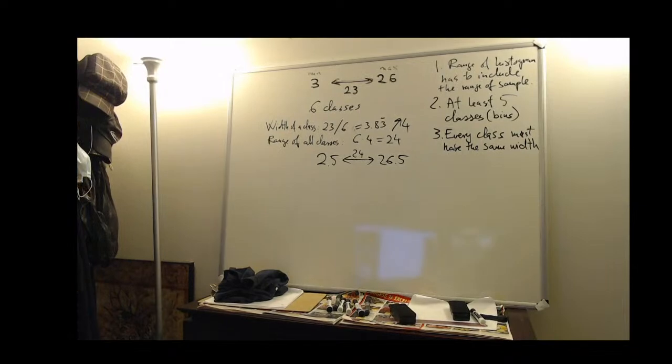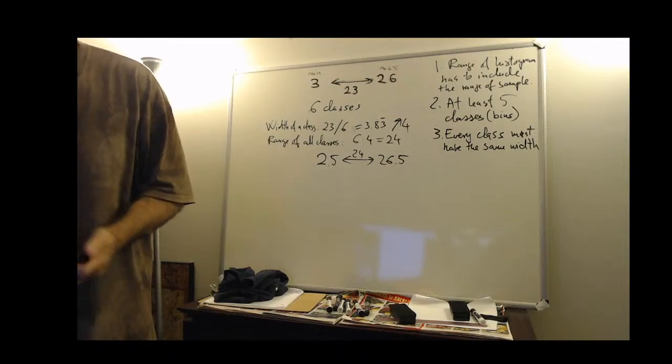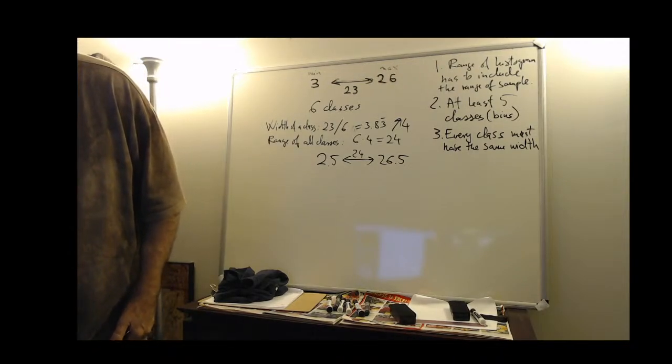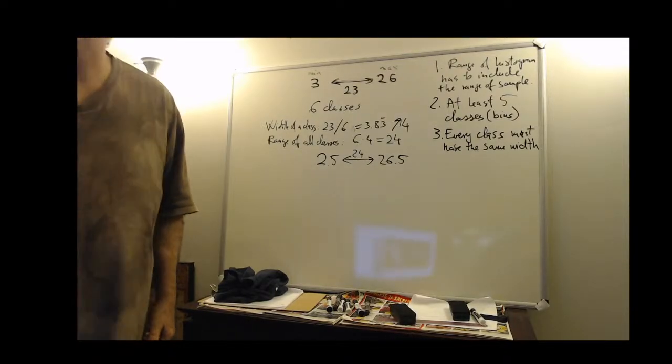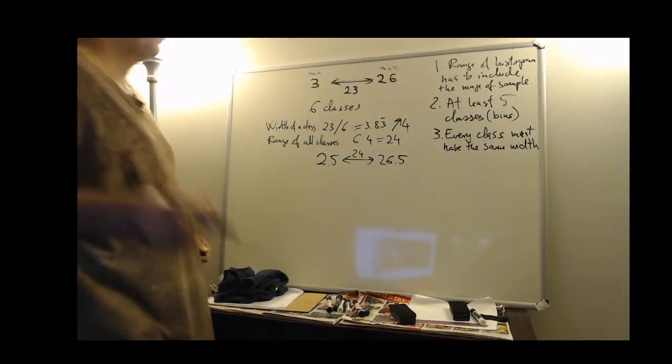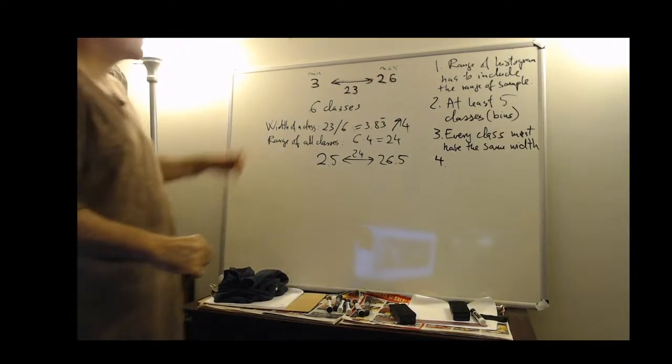Now I have to find out where the boundaries of the classes are. There is another rule about a histogram that I didn't mention, and that rule is that there cannot be gaps between the classes.